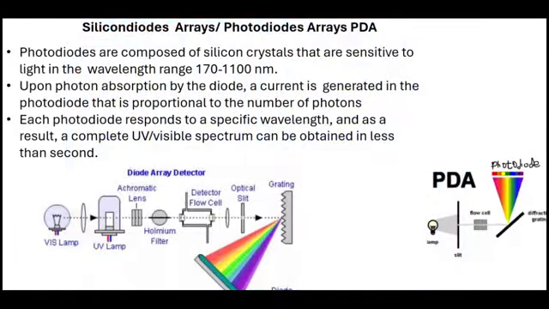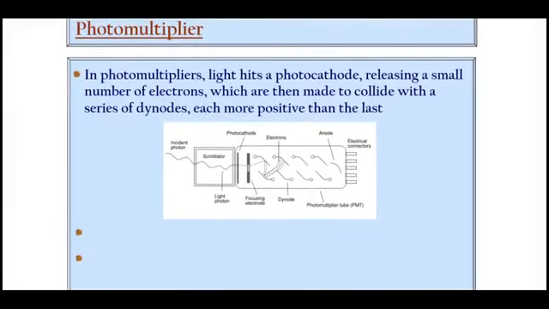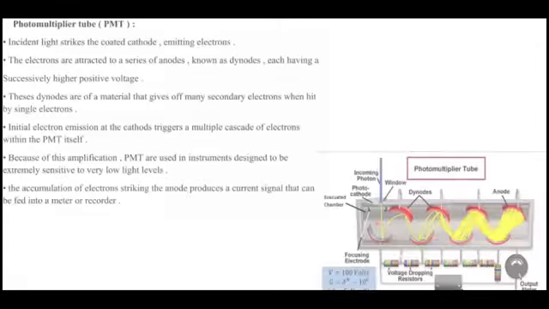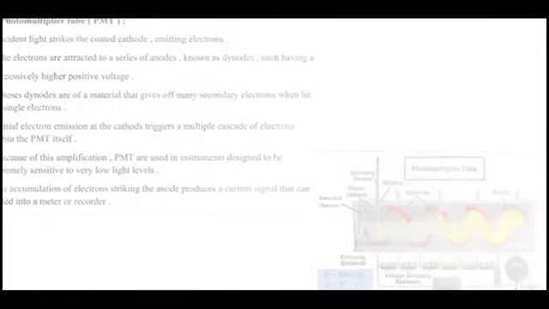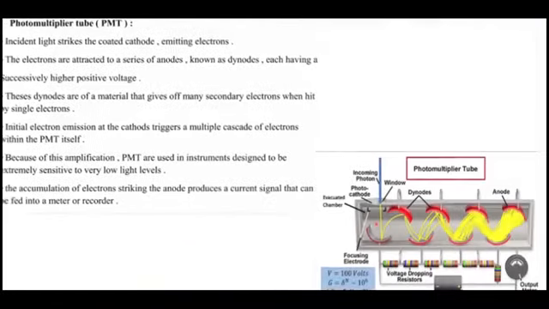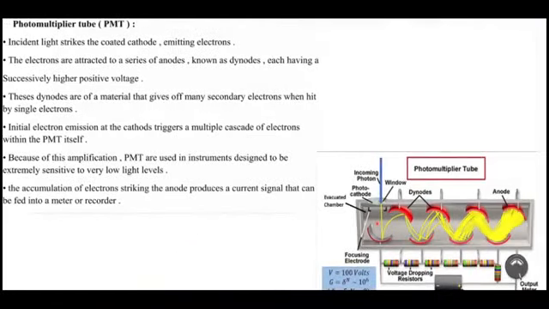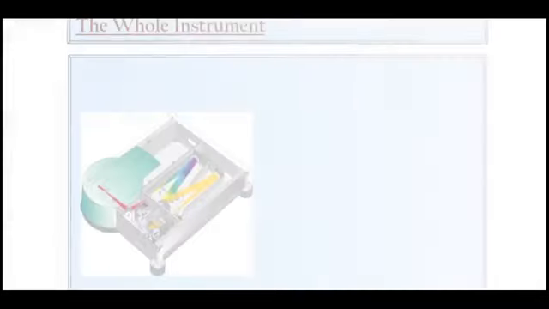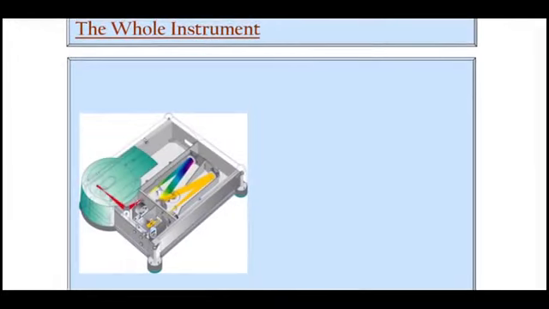So this is where the sample will be held and read by the spectrophotometer. The detector can be silicon iodide, or it can be a photomultiplier.